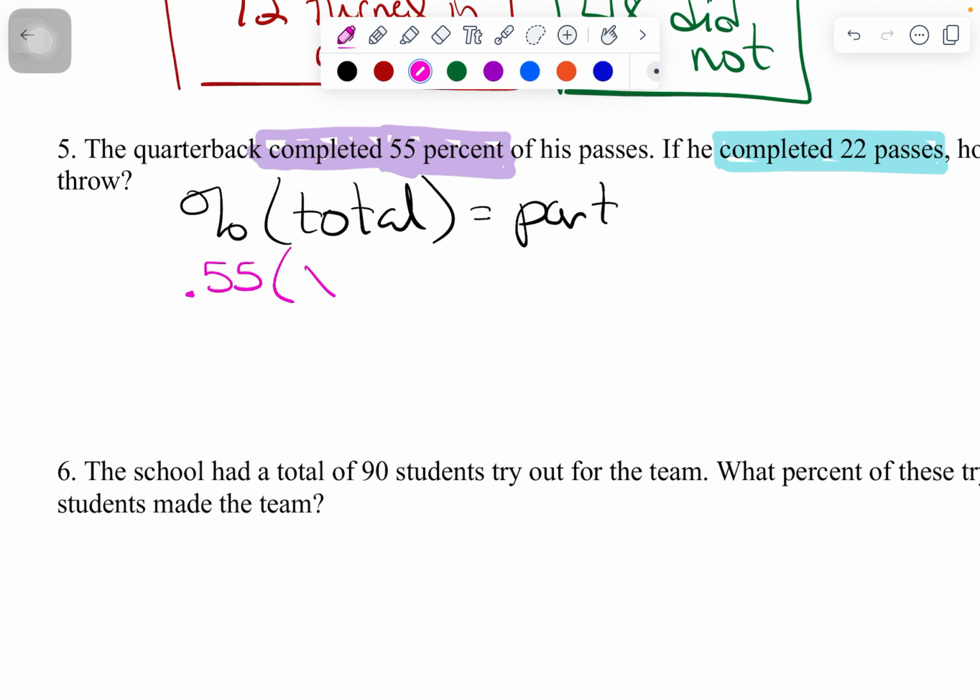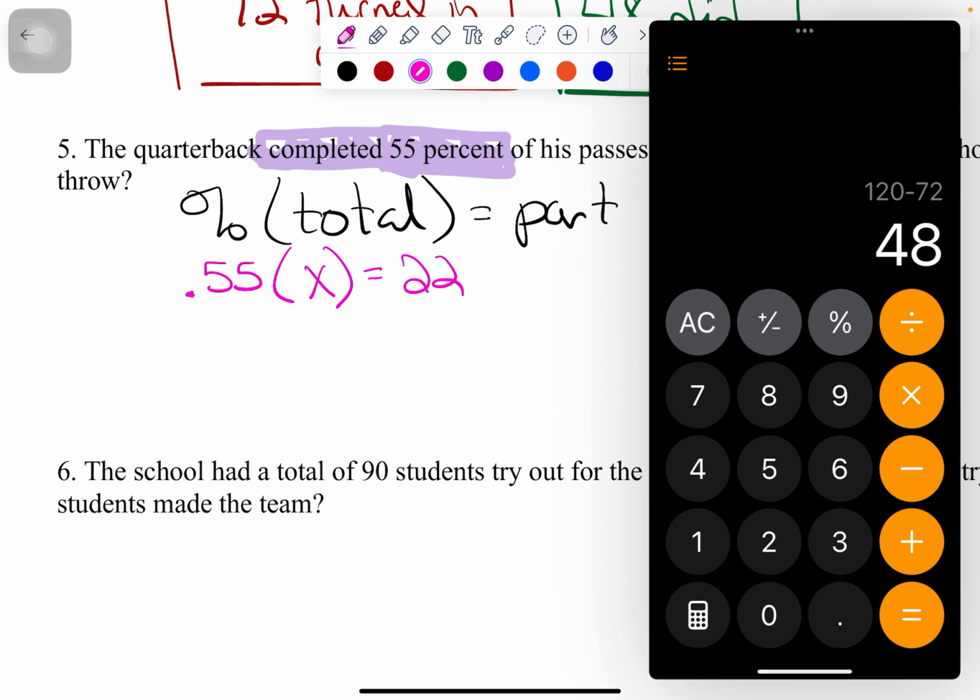Total passes thrown, I don't know. That's what we're trying to figure out. But we know he actually completed 22 passes. So 0.55 times the total is equal to 22. All right. So to figure out what x is, let's go ahead and divide both sides by 0.55.